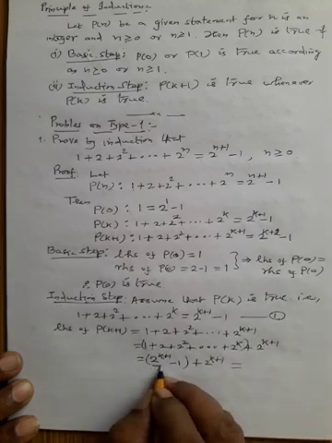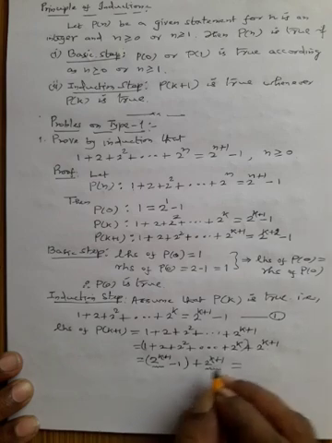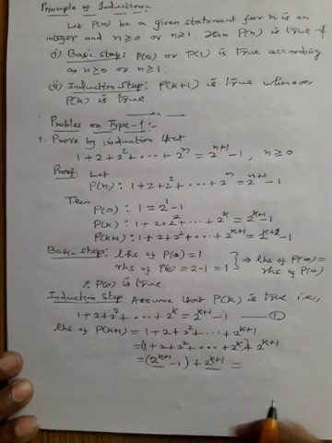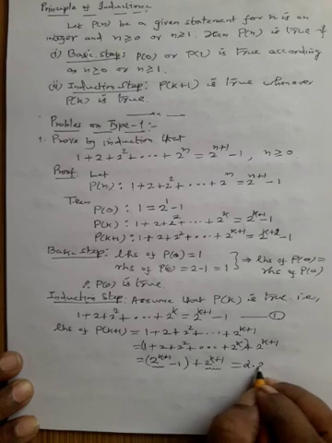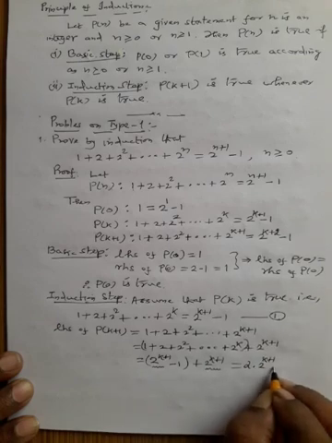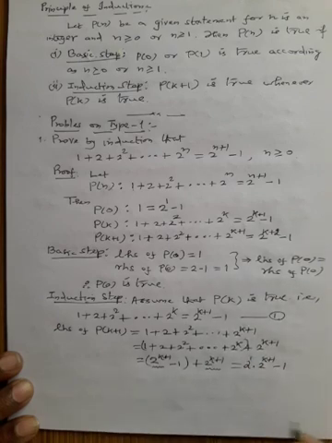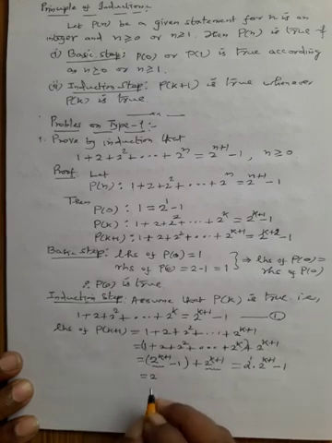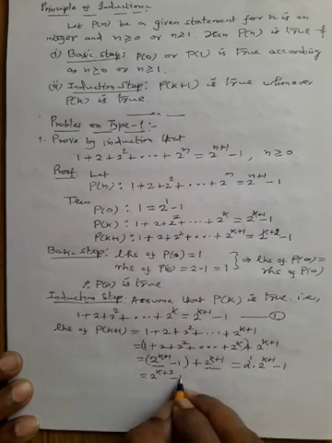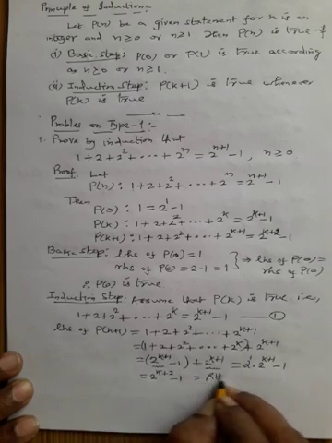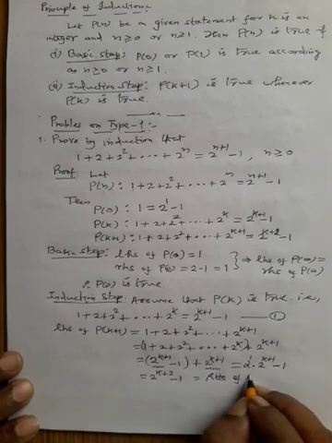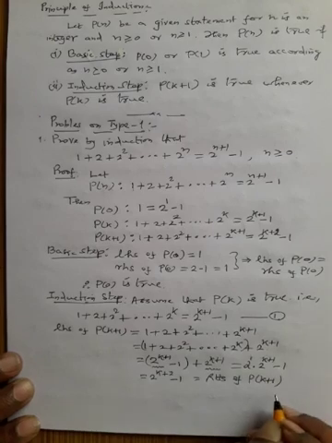This is 2 power k plus 1, and this is another 2 power k plus 1. x plus x is 2x, so 2 into 2 power k plus 1, minus 1. This is 2 power 1 plus k plus 1, which is k plus 2, minus 1, equal to RHS of P of k plus 1.